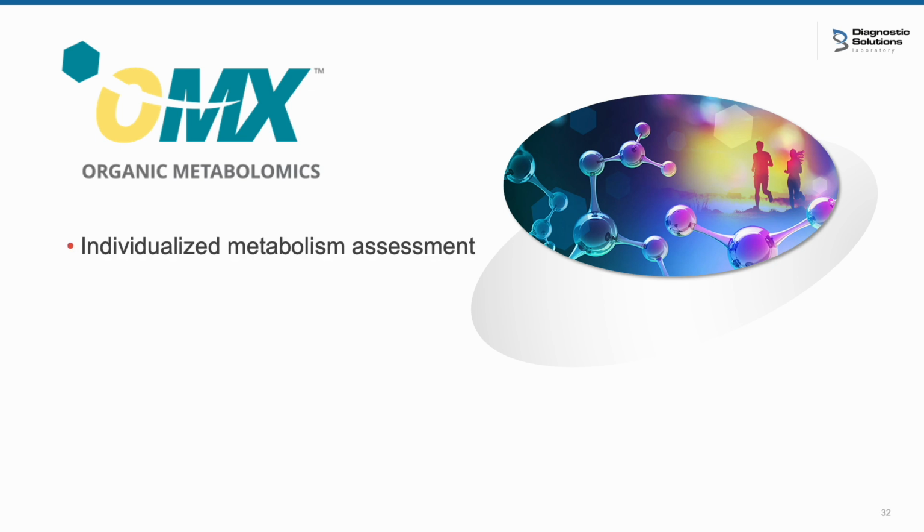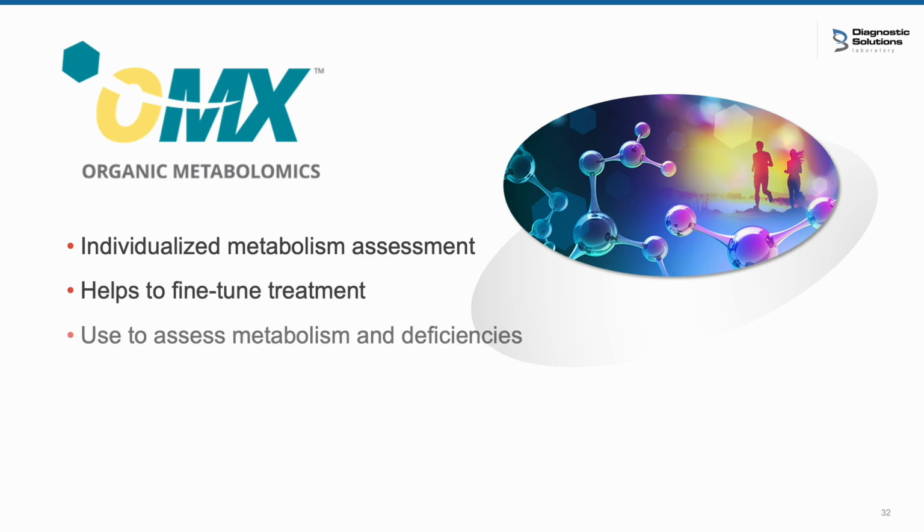So this will give you an individualized metabolic assessment, and again, helps you to fine-tune treatment to your patient. And yeah, we look at some nutrient deficiencies here, and we'll assess metabolism of things like carbohydrates, fatty acids, and proteins. A lot of protein markers on here. So this is a test that is a serum and a urine collection. Those need to be shipped frozen. And again, you'll need a centrifuge for this.